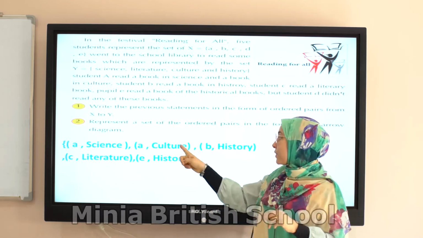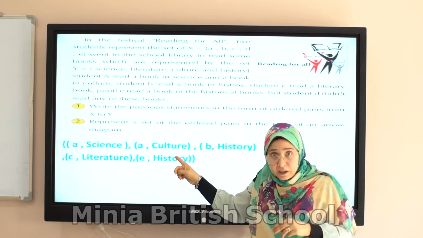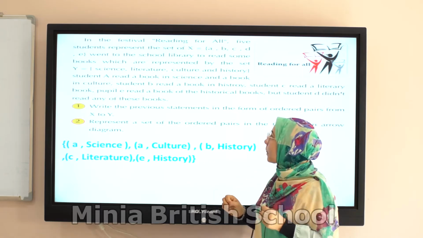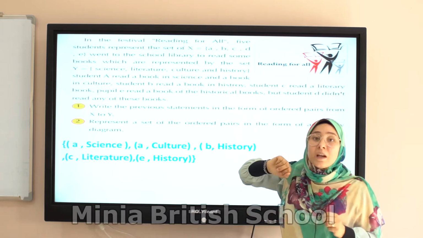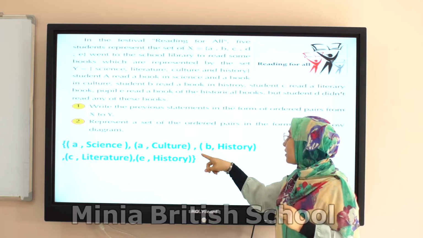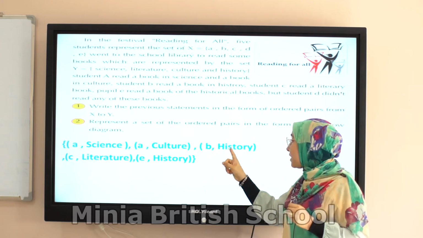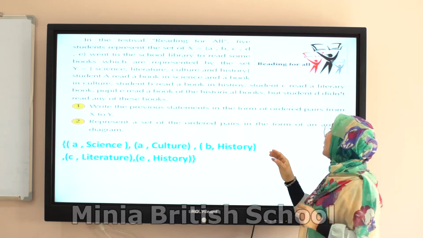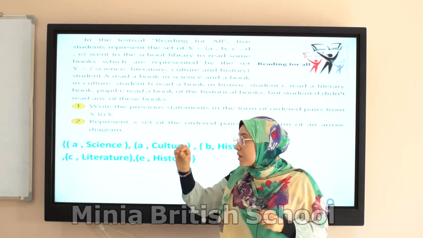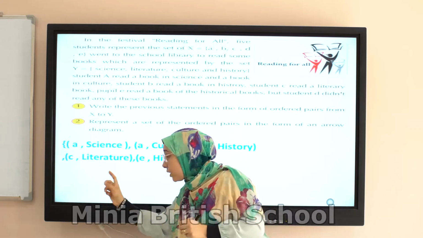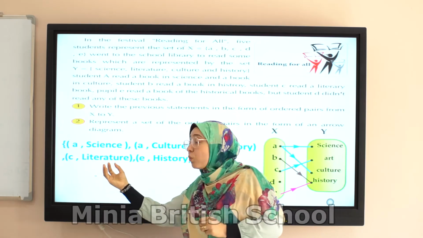Second ordered pair, student A and the culture book. And student B read a book in history, so I write the third ordered pair B and history. But student C read a literary book, so I will write the fourth ordered pair C and what?